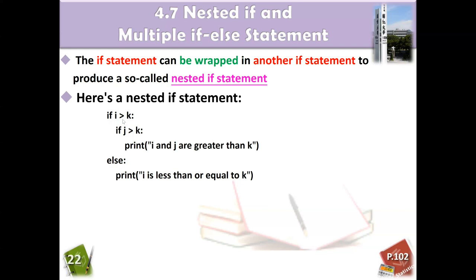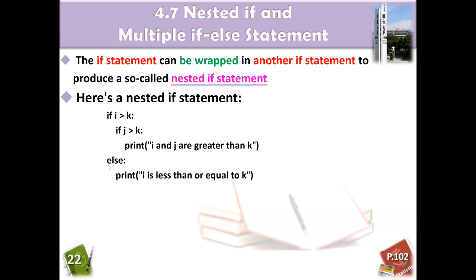So when we print "i and j are greater than k", it means that i is really larger than k and j is also larger than k, the double if condition. If the statements are true, then we will print this part.